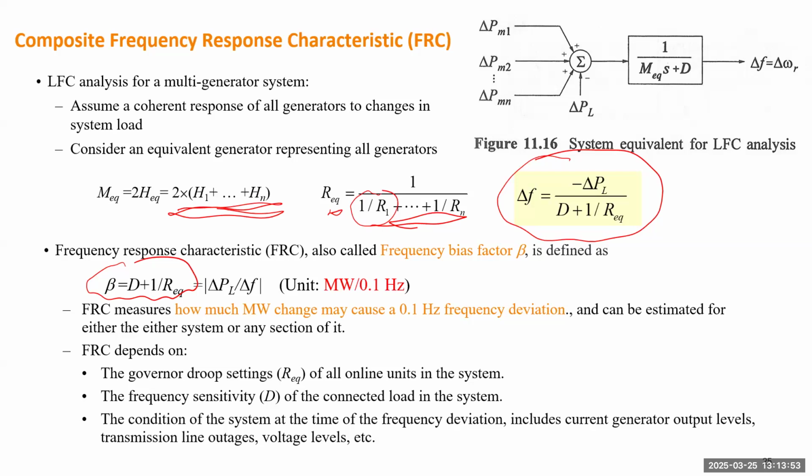Because 1 Hertz is too large for any power system. 0.1 Hertz is already close to the stability boundary, not stability boundary, but the frequency security boundary. Above 0.1 Hertz, some corrective action may be taken. So this beta value can give you an idea of how much load change or generation change can be significant to your system.